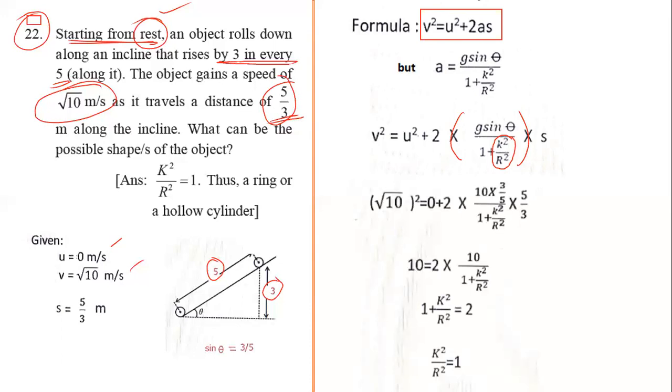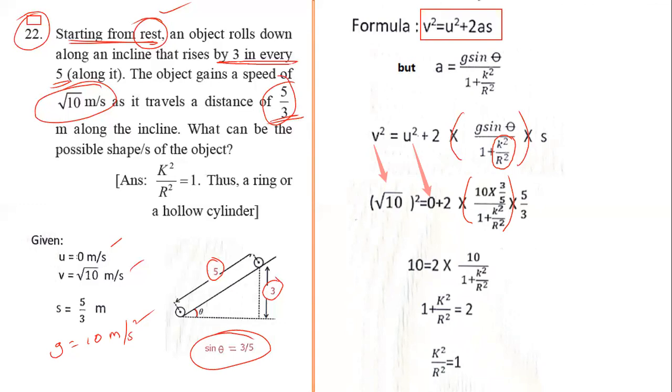Now here we substitute v is root 10, initial velocity is 0, and this 2 as it is, and in this bracket g is 10. We have taken g as 10 meter per second square. So g sine theta. Now sine theta you can see from the diagram. So this is theta. Sine theta means opposite side upon hypotenuse, means 3 by 5.